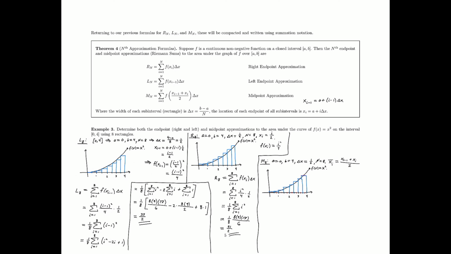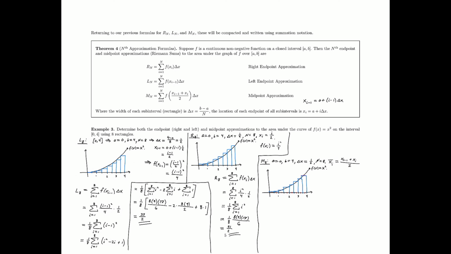The left endpoint was an under approximation. The right endpoint is an over approximation. The midpoint will still be either an over or under approximation, but it will be more accurate. It will be closer to the true value than L8, and it will be closer to the true value than R8.